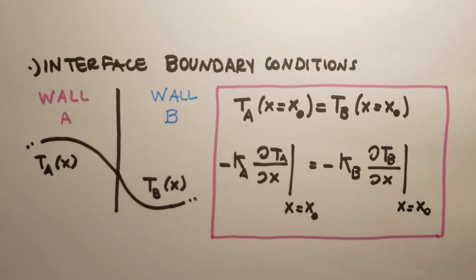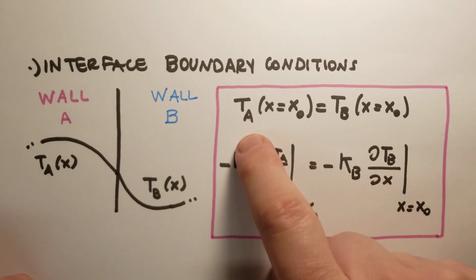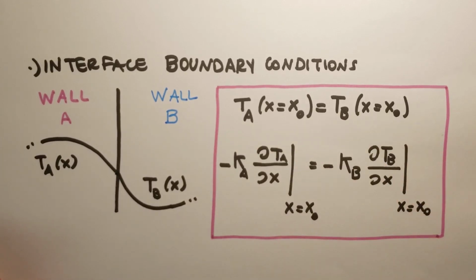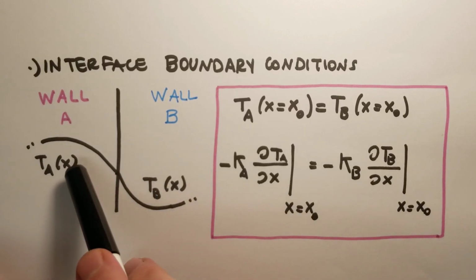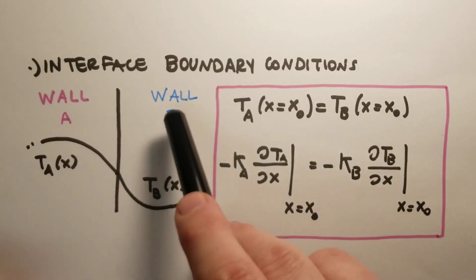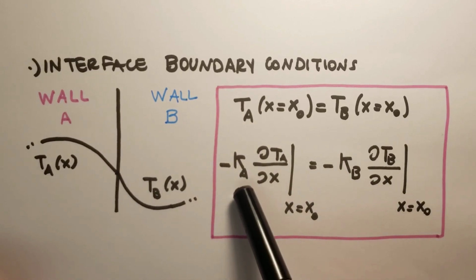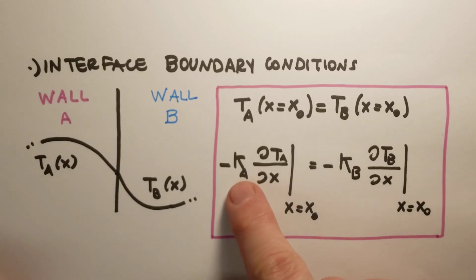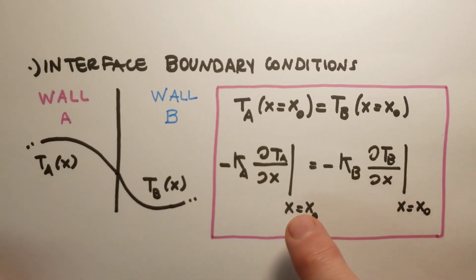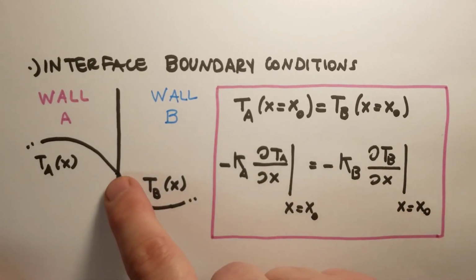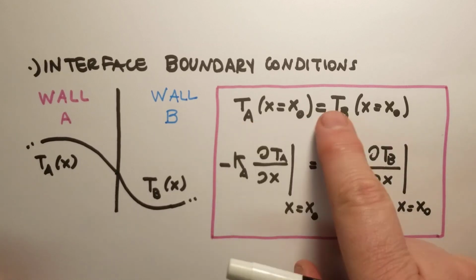Well, if the two walls touch each other, then they must have the same temperature at that point. And the other boundary condition is that the heat flux is the same, again because of conservation of energy. So the heat conduction that leaves wall A will enter wall B. We note here that since we consider the case where k_A is different from k_B, the gradient at this point will in general be different, whereas the temperature will be the same.